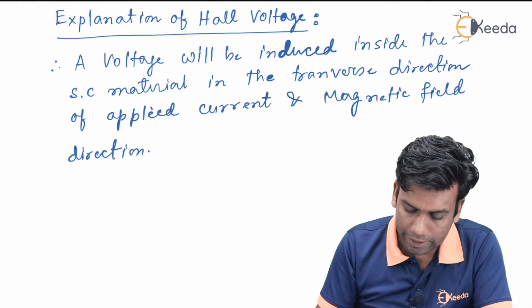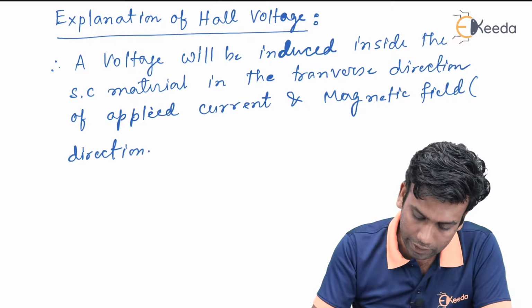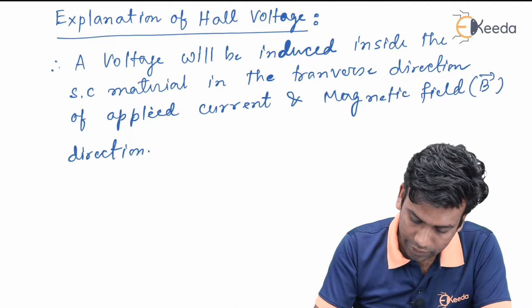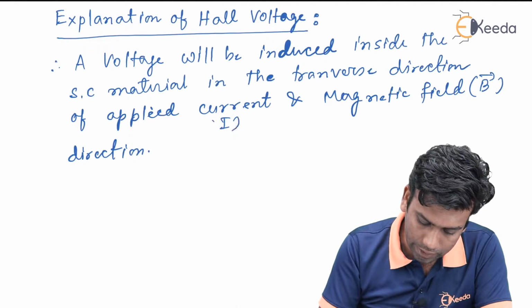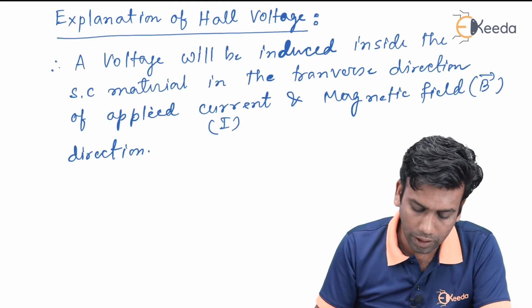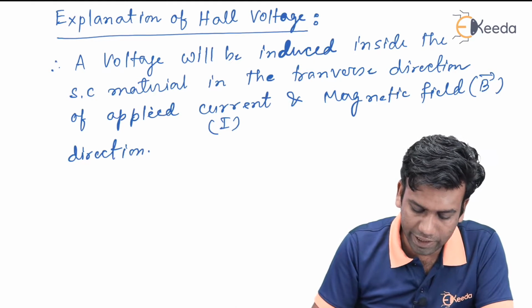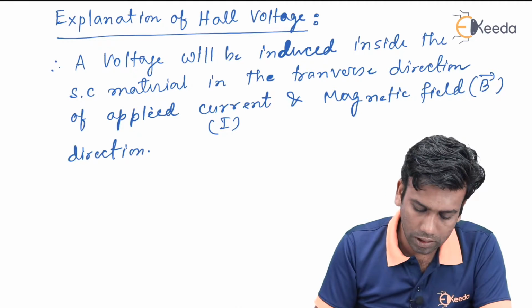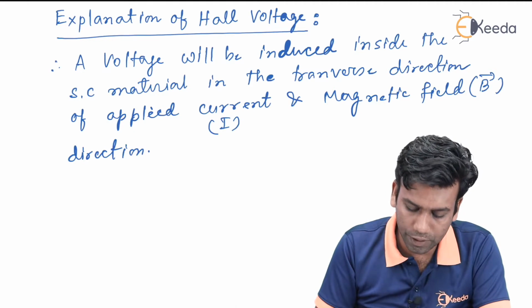For this, let us denote the magnetic field as B vector and the current as I. Both the magnetic field and the current are in the transverse direction.